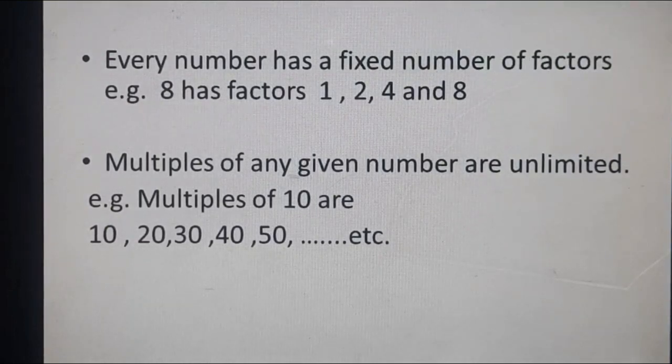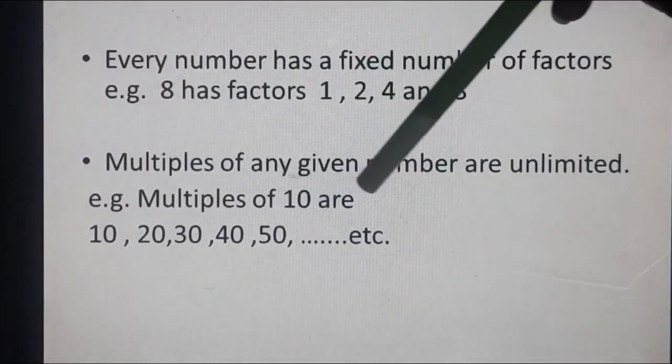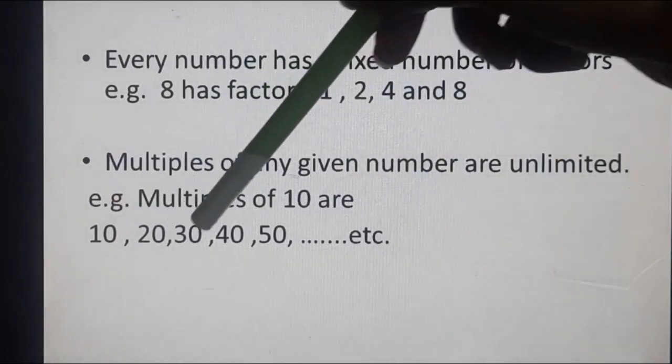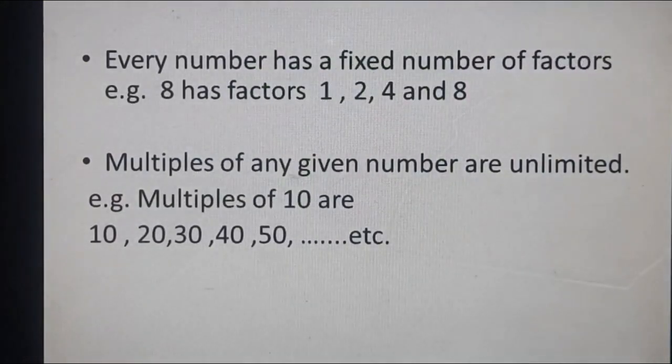Multiples are not fixed. These are unlimited. For example, multiples of 10 are 10, 20, 30, 40, 50, 60, 70, 80, 90, 100 and so on. 110, 120, 130. So these are unlimited.